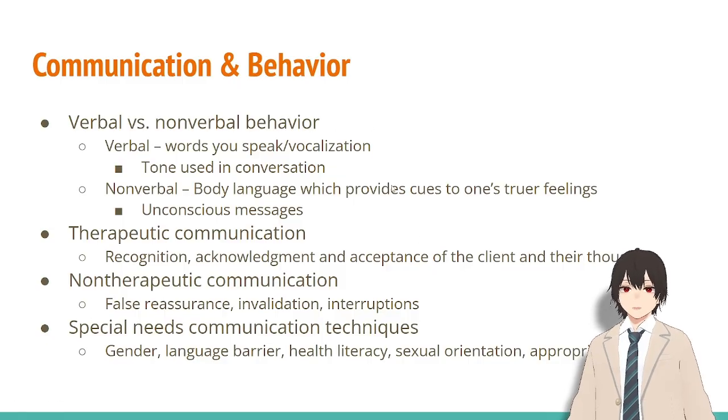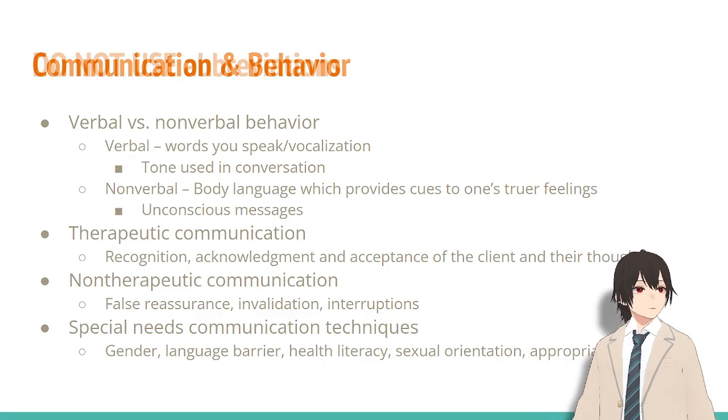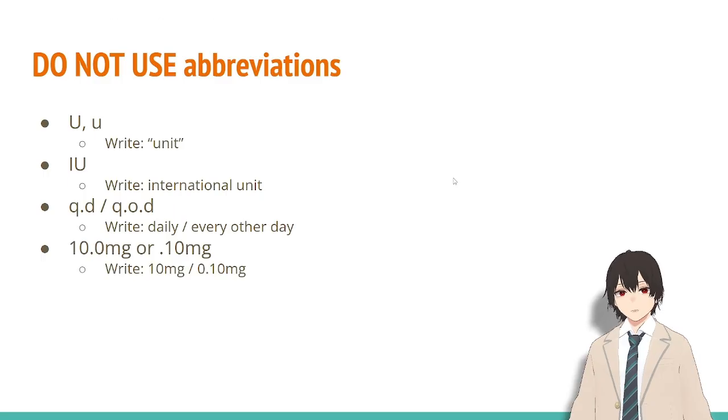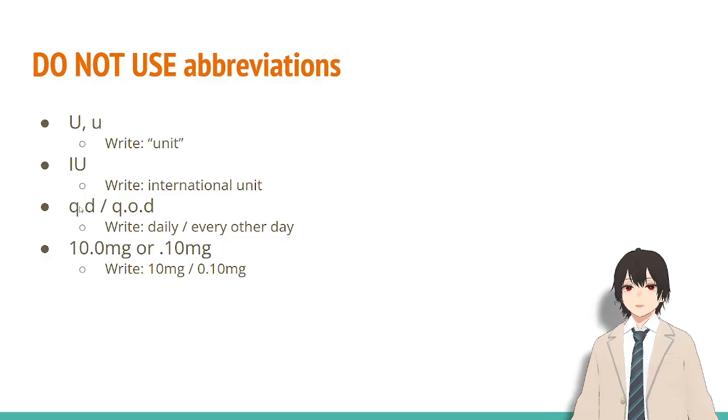Be aware of how you act with your body as well as what you say, and just be professional. Some minor notes: you don't use abbreviations when charting, but this obviously varies place by place. People still write BID, QID, and stuff like that, but we're starting to see these getting phased out a little bit.